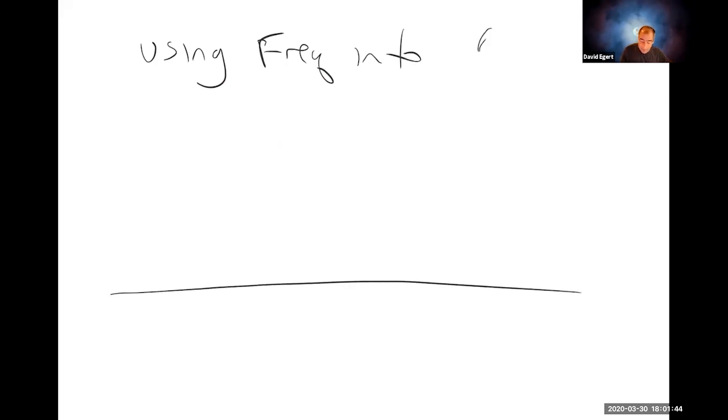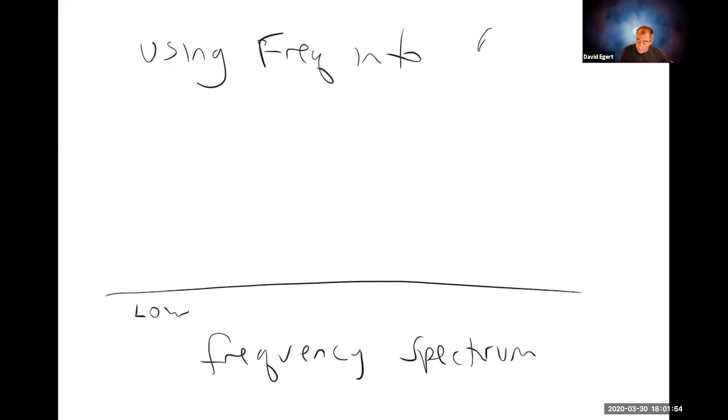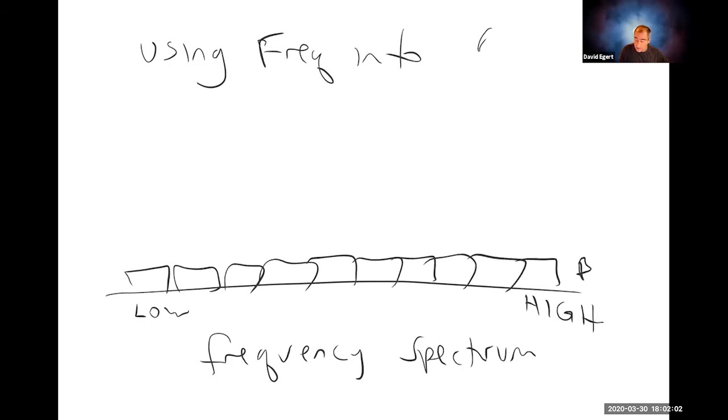So if you think about the frequency spectrum of the sound, from low frequencies to high frequencies. Let's just call these bins. Let's look at the sound energy that's at the really low, and sound energy that's really high.